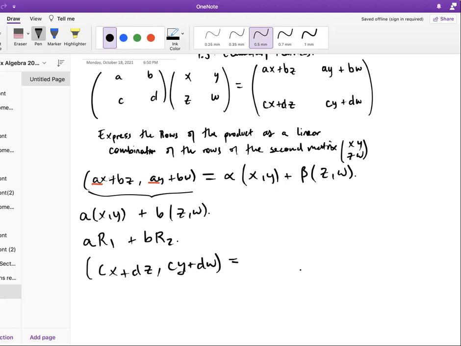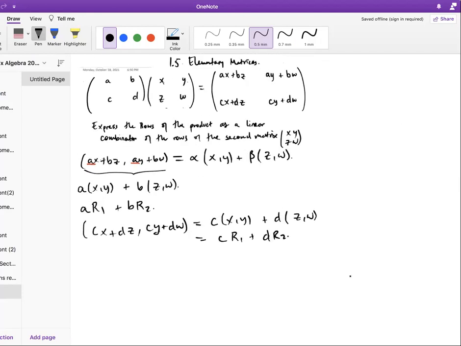Good, yeah, C row, well, there's no row 3, but I think you mean row 1 and row 2. It would be C times XY plus D times ZW, which is C row 1 plus D row 2.